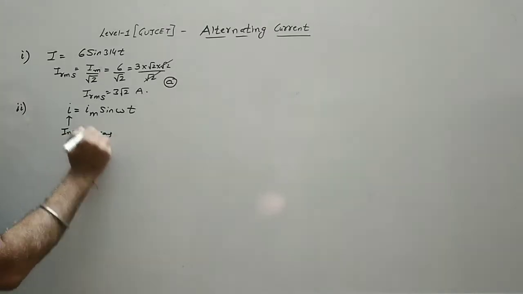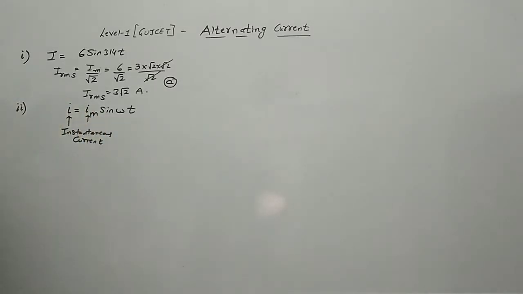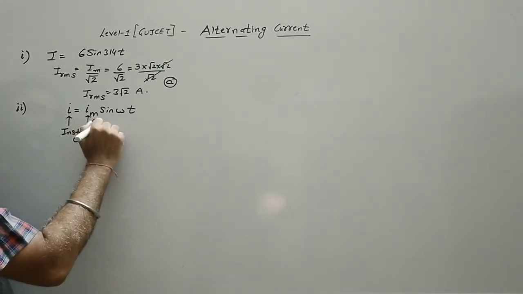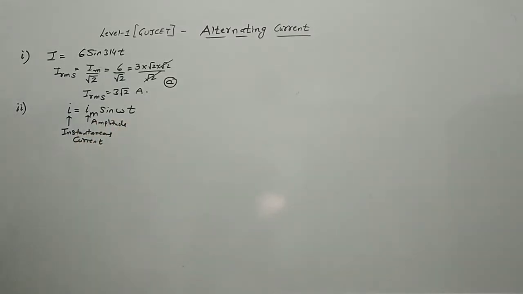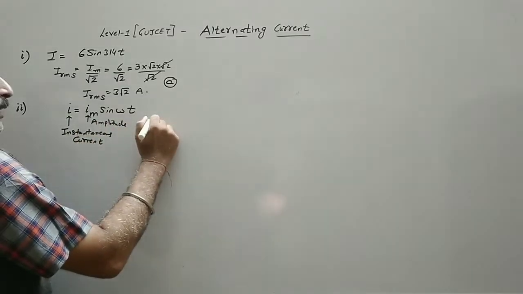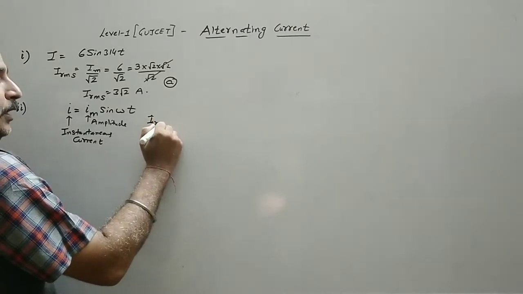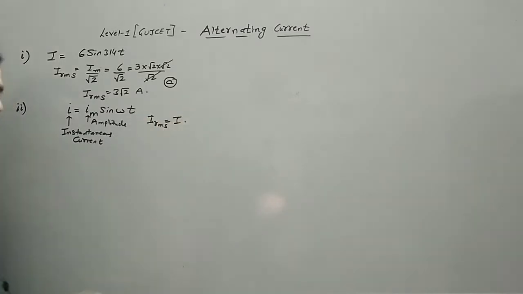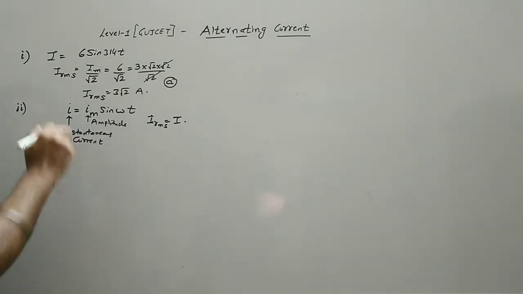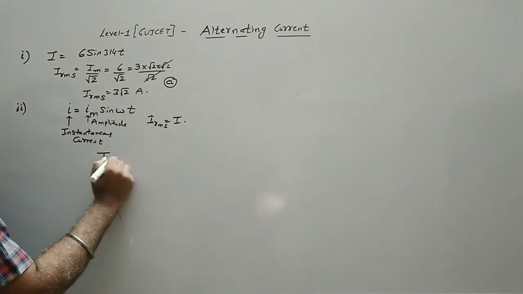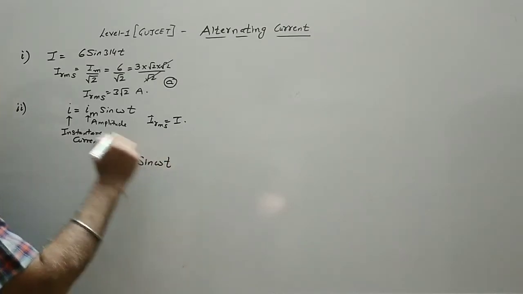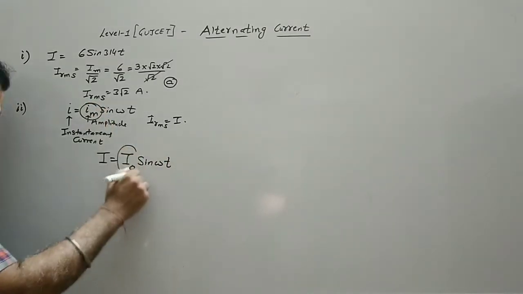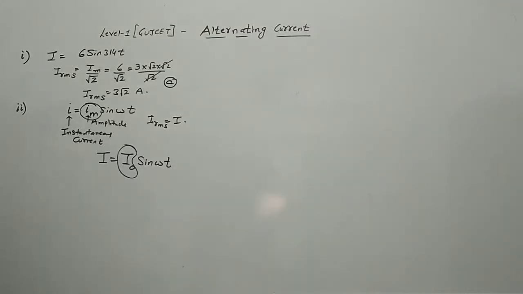The symbol Im was the maximum value, or we call it the amplitude of the AC current or instantaneous current. And for IRMS we used capital I. Now sometimes this equation is also represented as I is equal to I naught sine omega t. So instead of Im, sometimes we have the symbol I naught. In the place of small i, we have capital I.